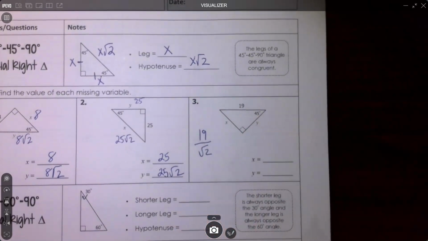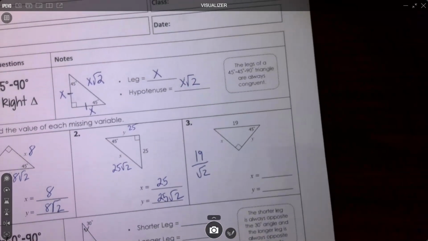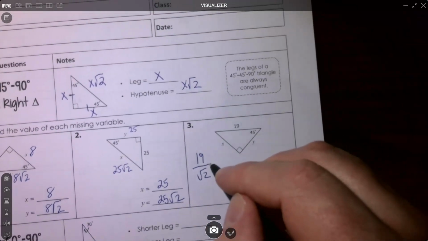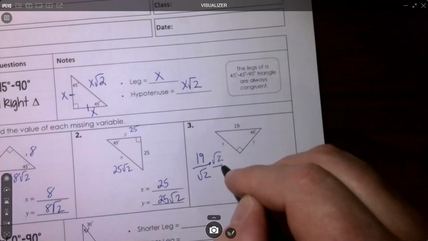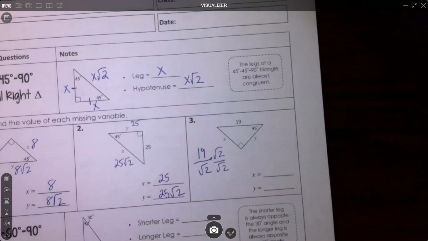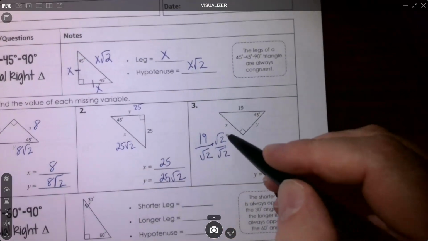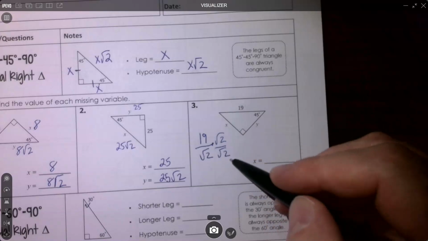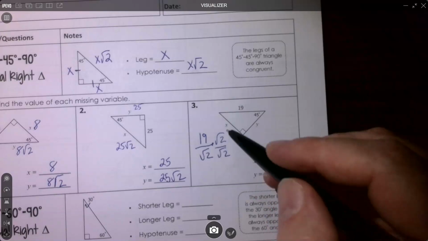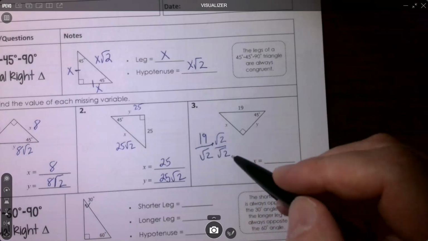Now, you guys have not learned how to do this, but it's really quite simple. All you have to do is multiply the top and bottom by the square root of 2, which I know sounds complicated, but it's not. Remember, no matter how ugly these numbers get, anything over itself is always 1, so we're just changing its looks.